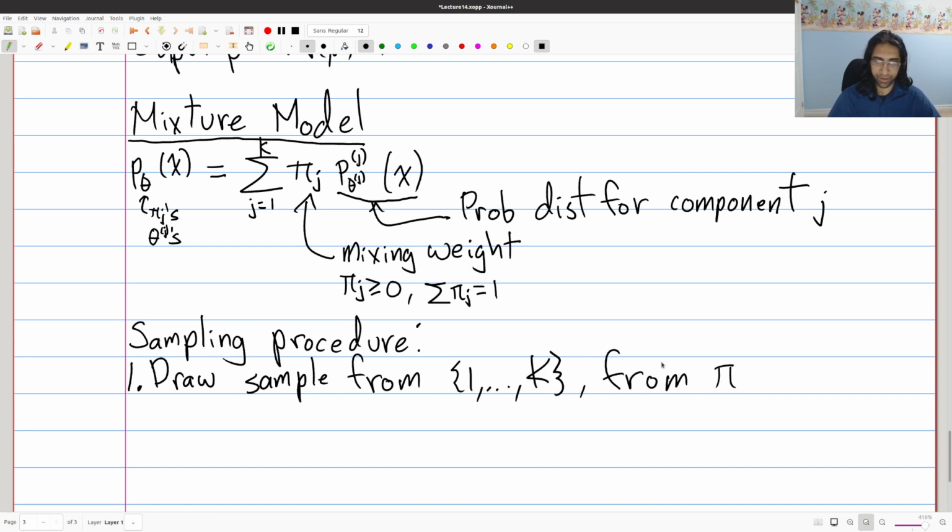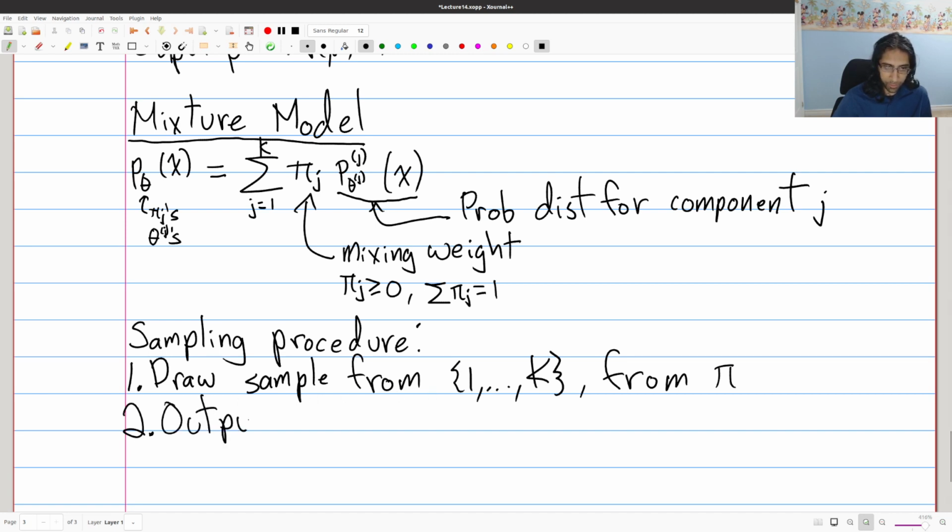So first we sample from this, and that tells us which component we're going to draw a sample from. Are we going to sample from the first thing, the second thing, or the kth thing? A very low mixing weight, something close to 0, would mean there's a low chance of getting a point from that component. A high mixing weight would mean there's a very high chance of getting a point from that component. So in the first step, we just choose which component we're going to draw from.